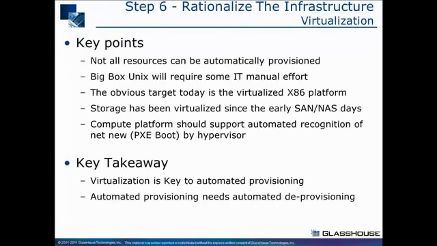So, rationalizing the infrastructure. This is very, very controversial, and there's a lot of disagreement and debate around this. Typically, today, we find when we go into an enterprise that they have a policy that says we will have 2 or 3 key vendors so that we have options at purchase time.